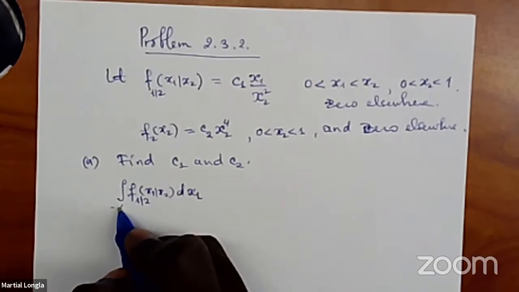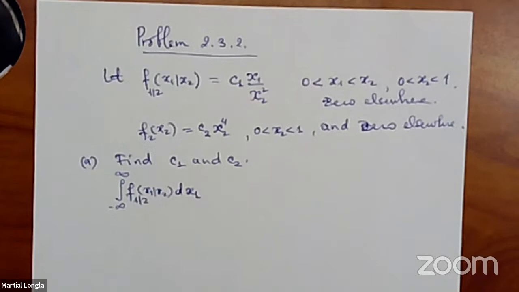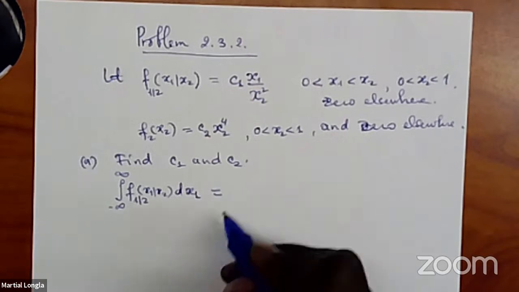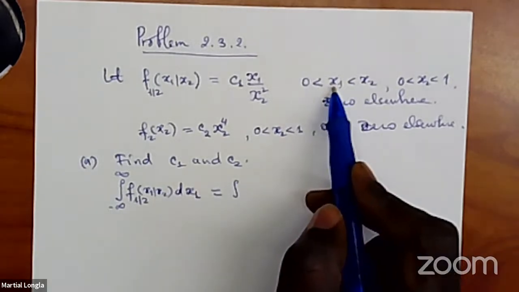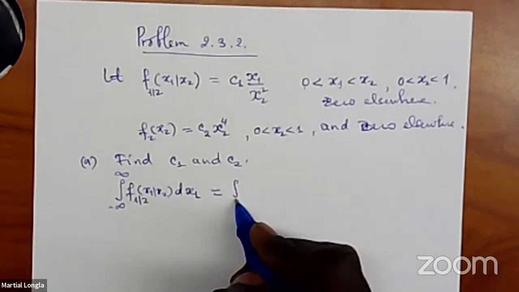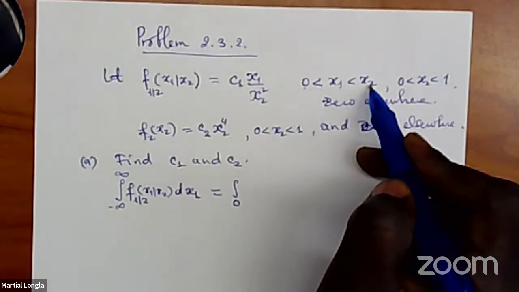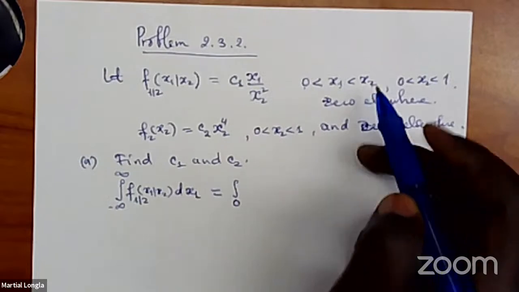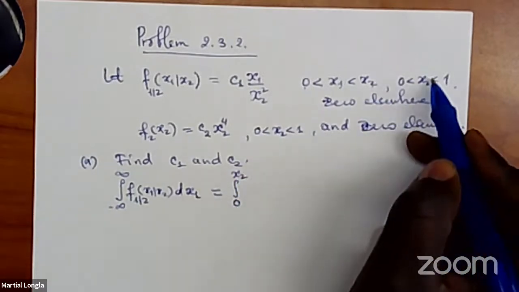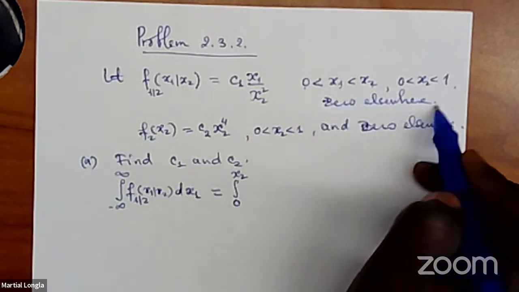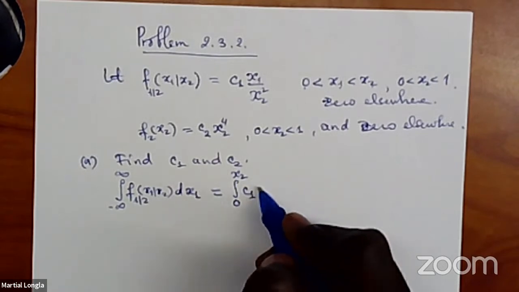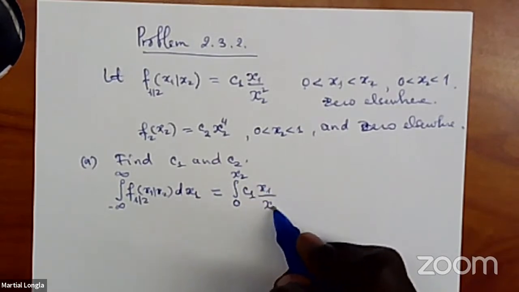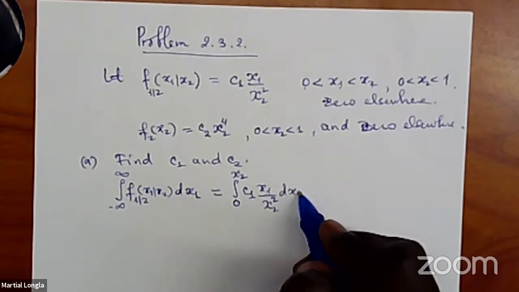We integrate from negative infinity to infinity, making sure we start where the range starts. The range of x1 starts at 0 and goes up to x2 when x2 is fixed. After x2, the density is 0. So the integral goes from 0 to x2 of c1 x1 over x2 squared dx1.